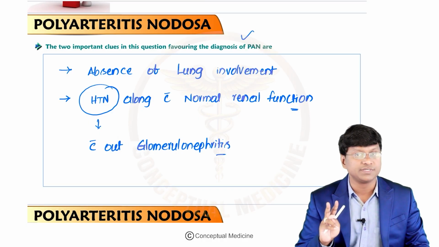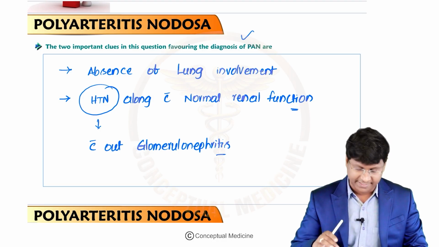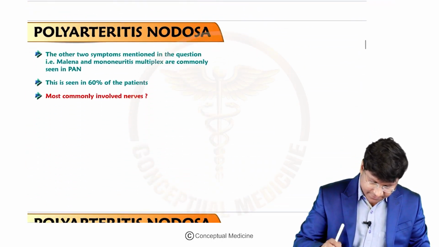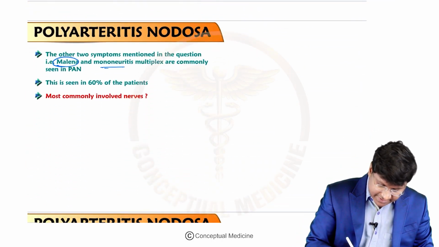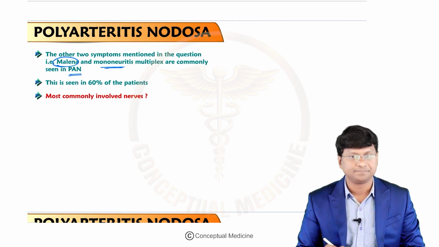And the other two symptoms mentioned in the question, melena and mononeuritis multiplex, are also commonly seen in patients with polyarteritis nodosa.